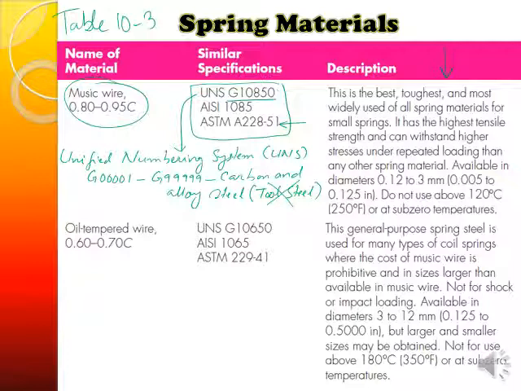What this AISI means. If you look at this number, AISI is American Iron and Steel Institute, and then it has 4 digits.